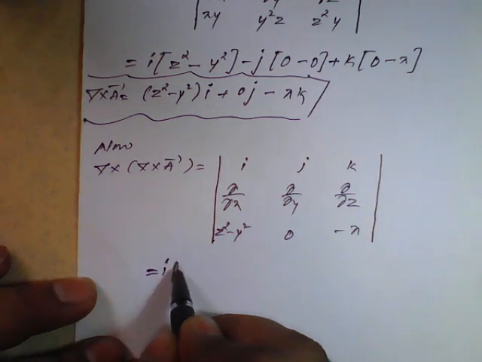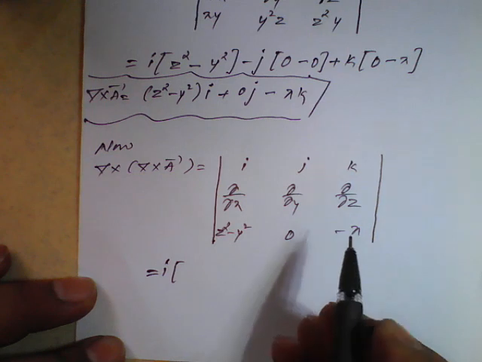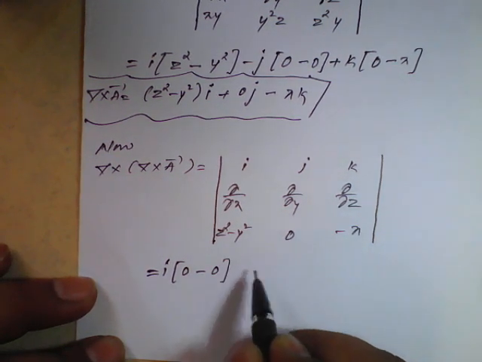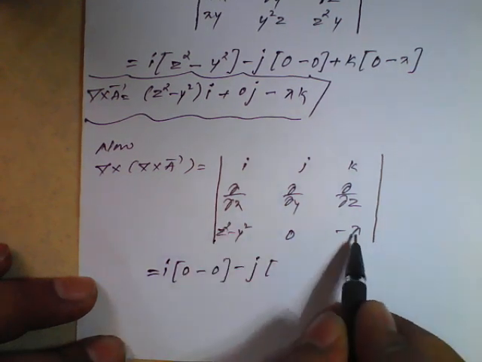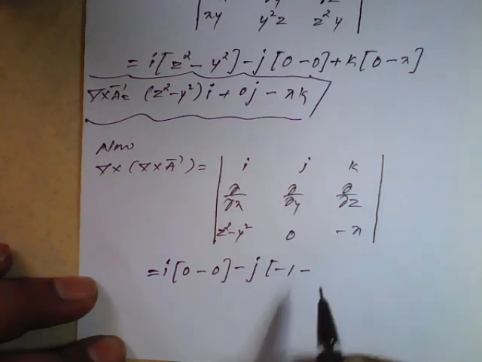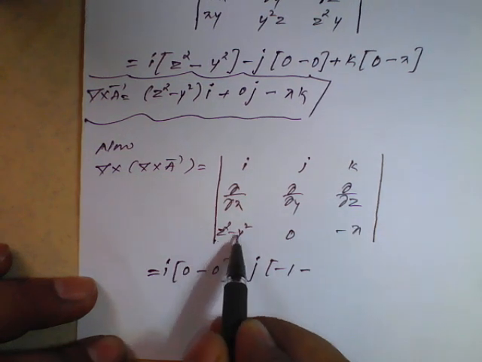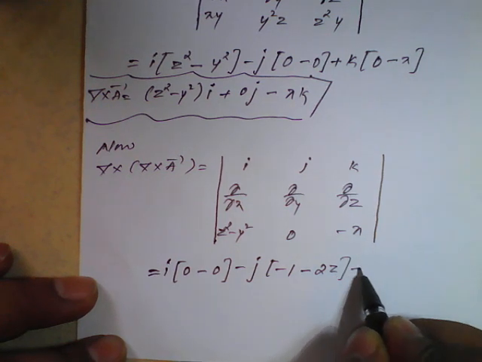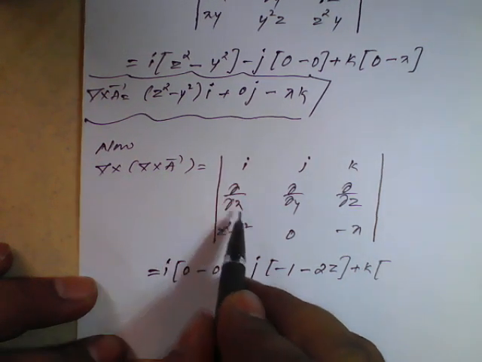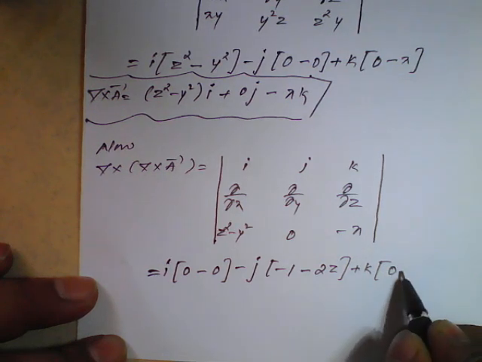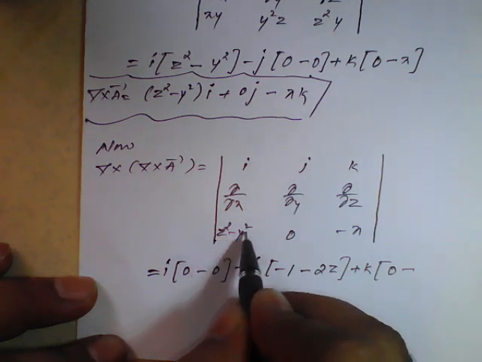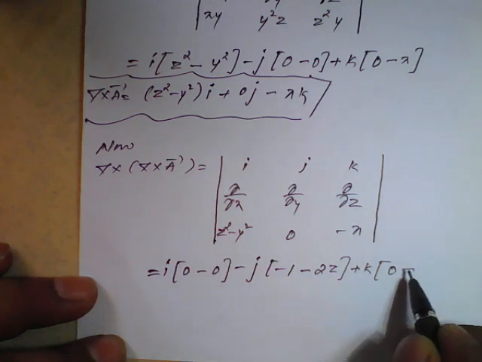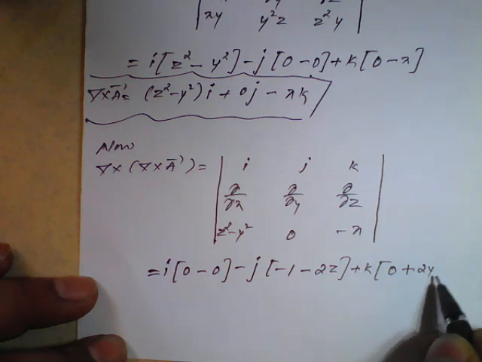So i times dou by dou y of minus x is 0, a constant, minus dou by dou z of 0 is again 0. Minus j times dou by dou x of minus x, which is minus 1, minus dou by dou z of z squared minus y squared, which is 2z. Plus k times dou by dou x of 0 is 0, minus dou by dou y of z squared minus y squared: z squared is 0, minus y squared gives minus 2y, and that minus and this minus become plus 2y.